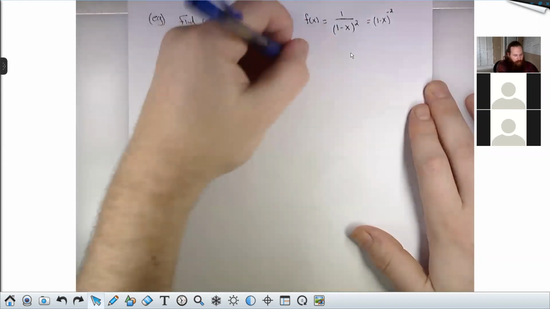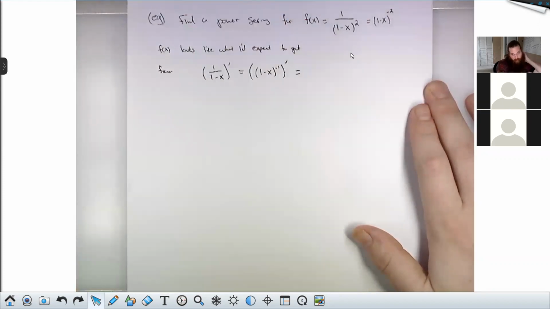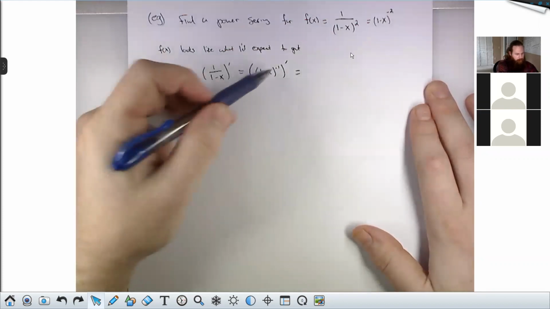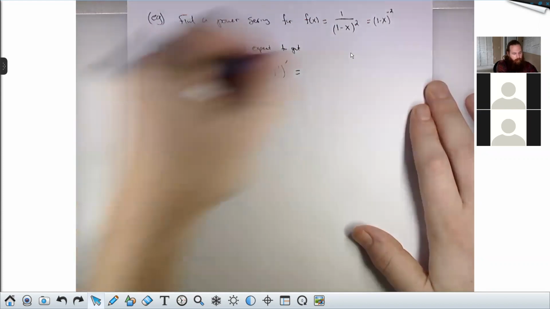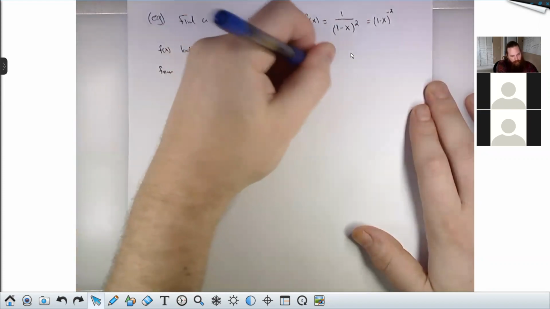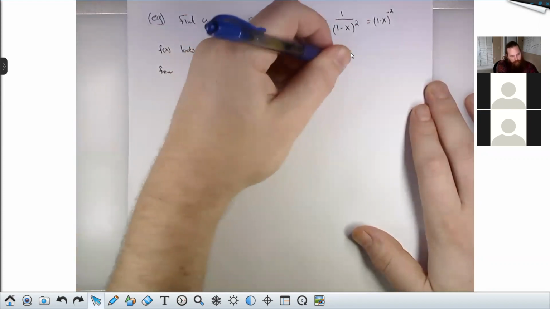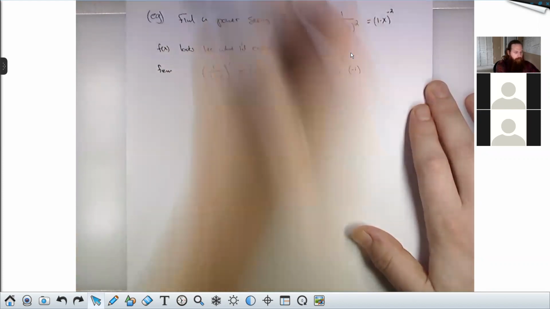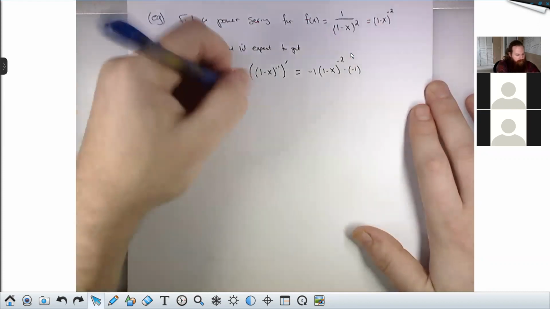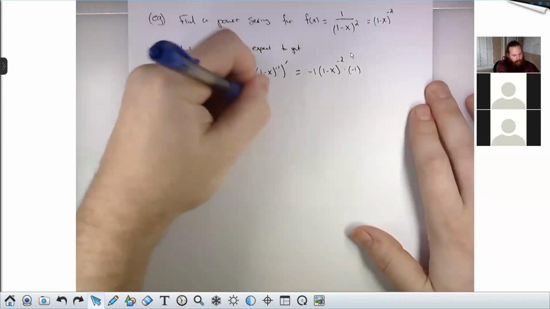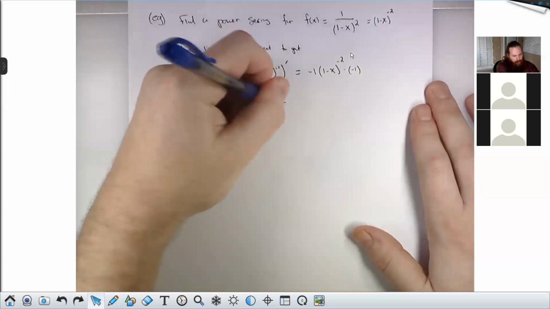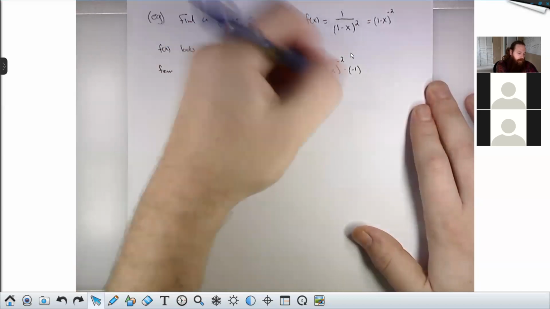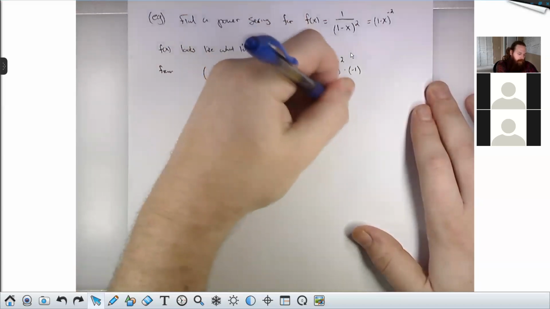Now, if I actually take that derivative, it's a chain rule, power rule thing. The chain rule is necessary because it's a composite function, and the outer thing here is a power rule. So this is negative 1 times (1 minus x) to the negative 2. And then by the chain rule, I get the derivative of 1 minus x, which is negative 1. So in fact, this is exactly negative 1 times 1 over (1 minus x) all squared times negative 1. It's exactly what I want. It's 1 over (1 minus x) all squared.